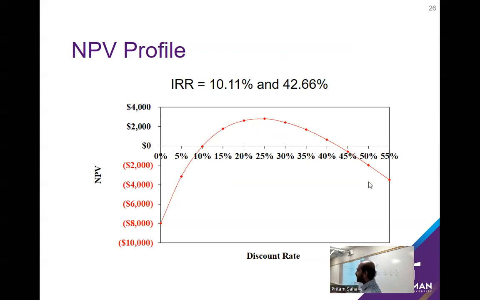Because if you go to the market and say my IRR is 42%, I should be able to invest all of these cash flows at 42%. Is that right? A good assumption? Definitely not, right? But on the other hand, if we say we can reinvest at the required rate of return, which we get from the market, is it a good assumption?